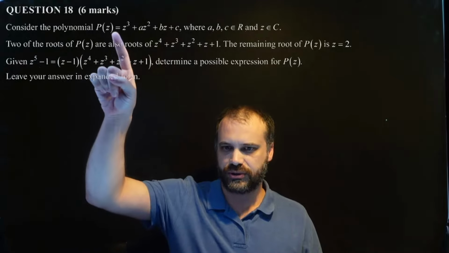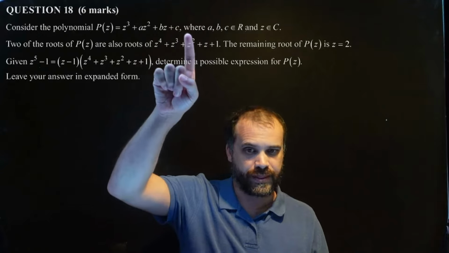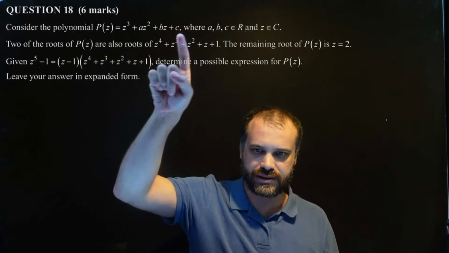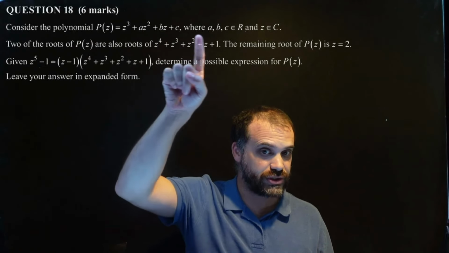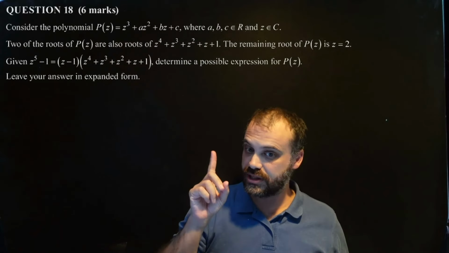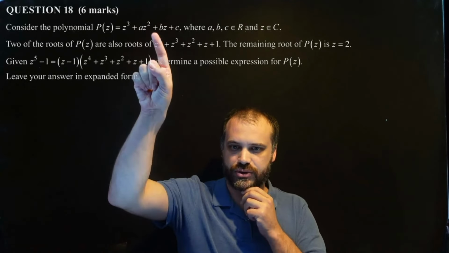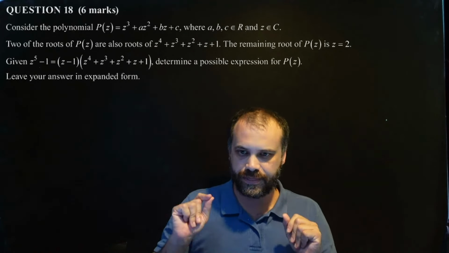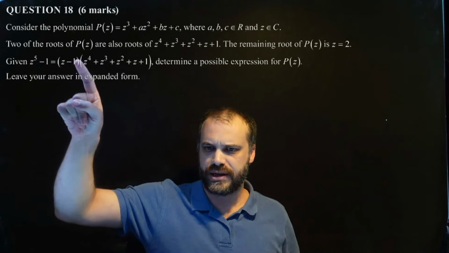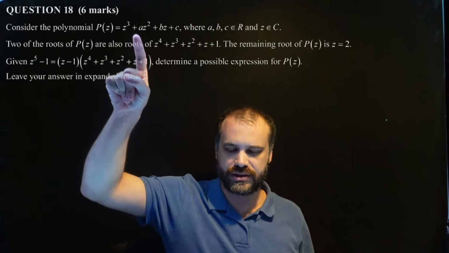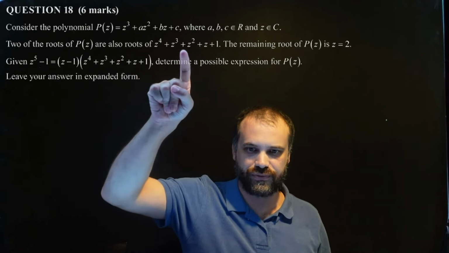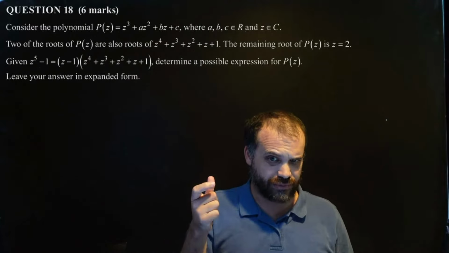Consider the polynomial this, and we have a cubic. But we're also told that a, b, and c in that cubic, all of those coefficients are real. And so you should see that and you should go, ooh, conjugate root theorem. There's the conjugate root theorem going on because all of our coefficients are real. Okay. Two of the roots of P(z), so two of the roots of this, are also roots of this. Okay, so that must be important information.